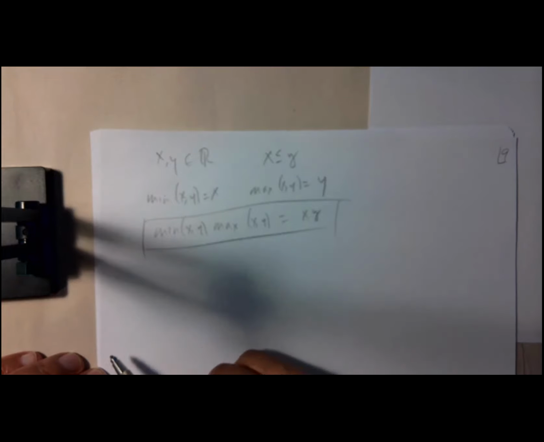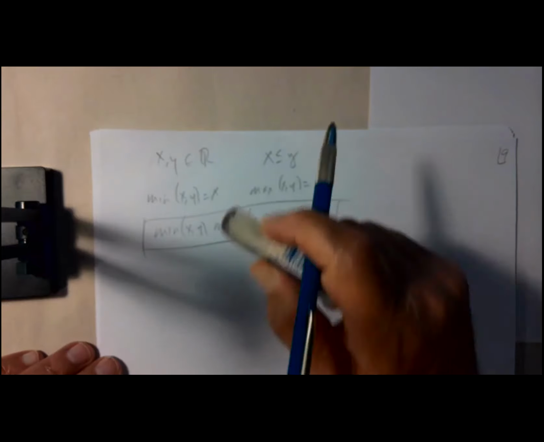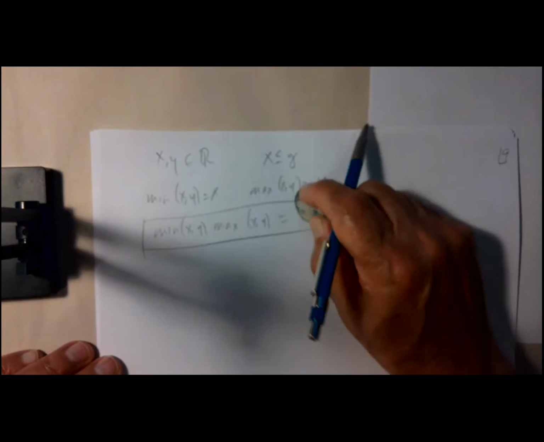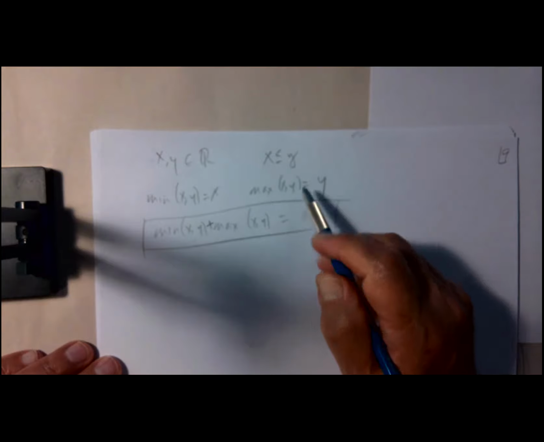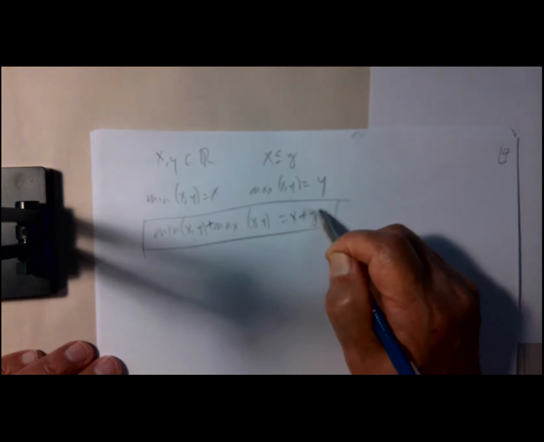I also have the same kind of rule. Actually, this is true, but I'd rather do this for addition. Suppose I take the minimum of X and Y plus the maximum of X and Y. That's equal to X plus Y.